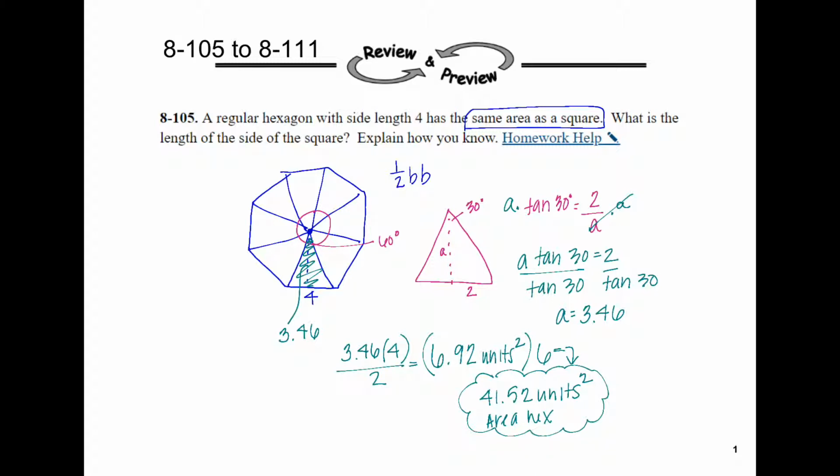So I can take the square root of 41.52, and by taking the square root of that number, that will give me the side length of my square, which is approximately 6.44 units is the side length of our square.